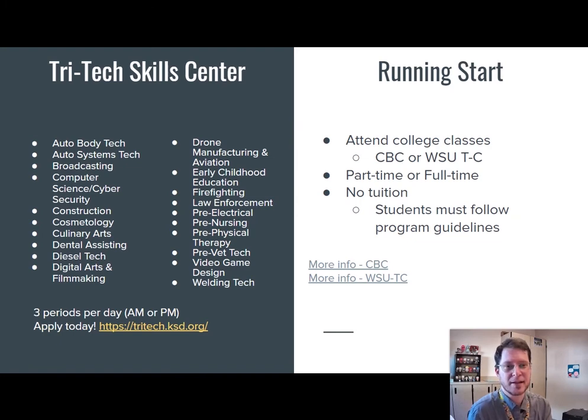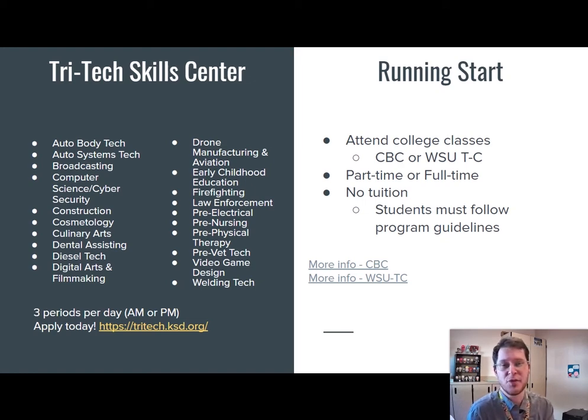A couple of great off-campus options that are available to you starting in 11th grade I want to talk about really quickly here. So the TriTech Skills Center, I listed all their programs because they're all great and I couldn't pick just a couple favorites. So check that out. You would be off campus for 3 periods a day. They have morning programs and afternoon programs.